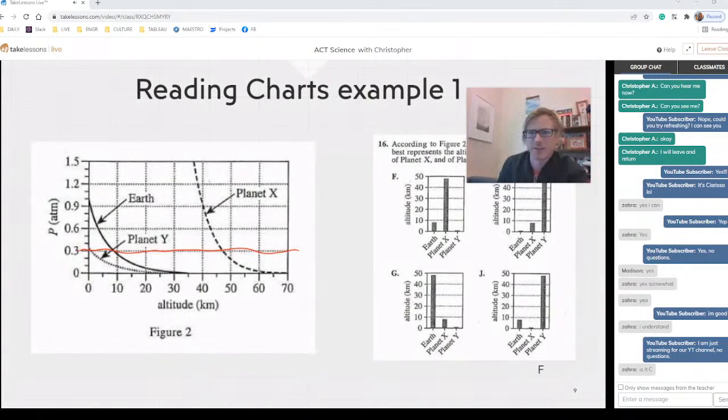They want to know the altitude of all 3 planets at 0.3. So planet Y, if you look here, is this dotted line. Can anybody tell me its altitude at a P of 0.3?